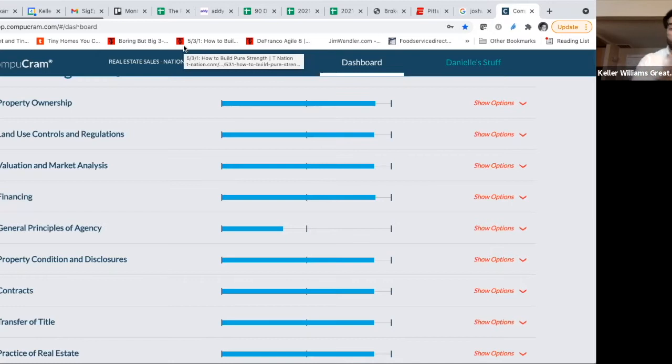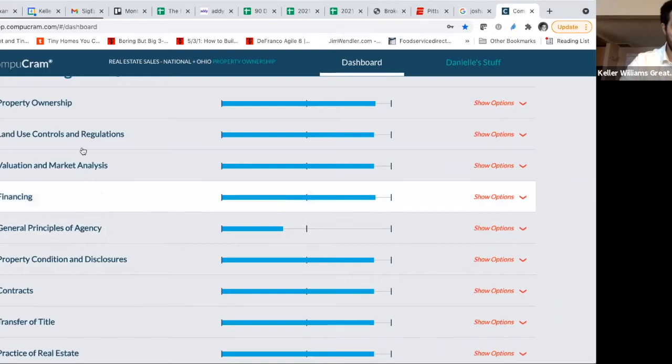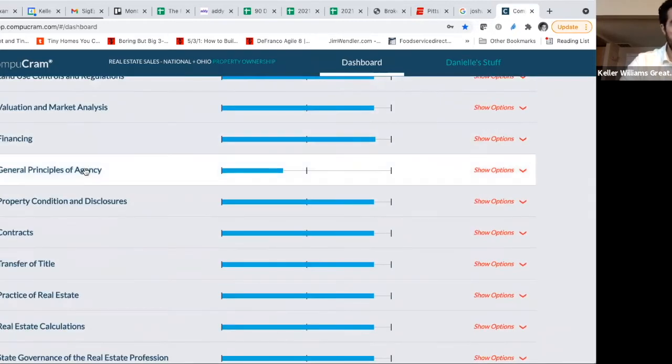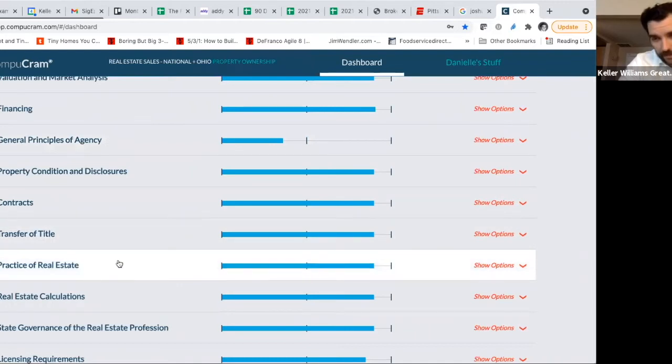So if you really know contracts well, it's going to more than compensate for not knowing leasing or property management at all. The big three that we will focus on are contracts, general principles of agency, and the practice of real estate.